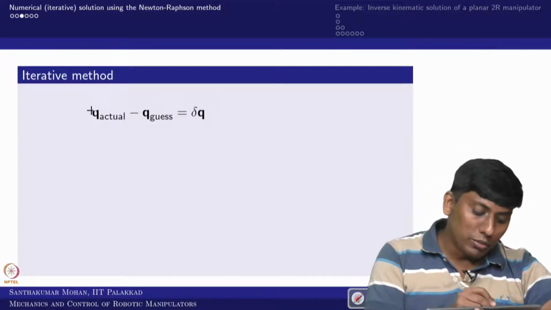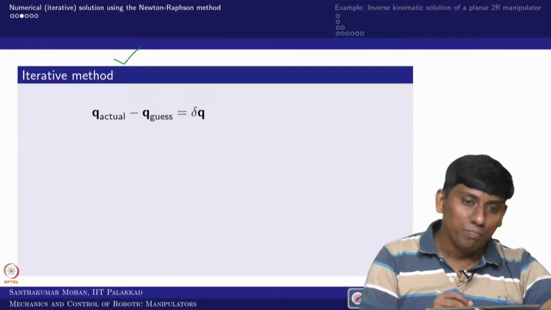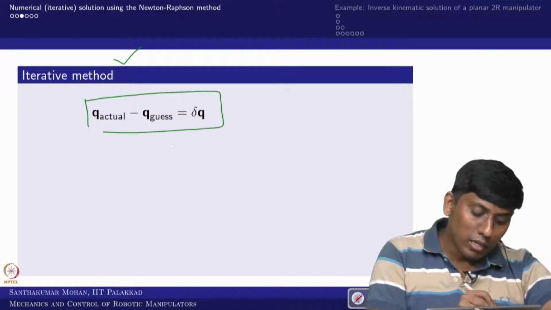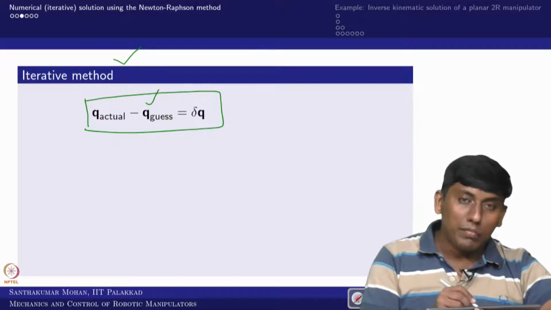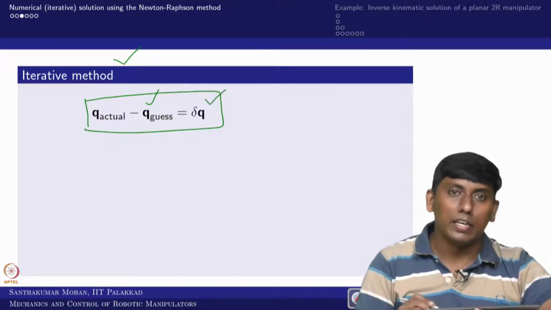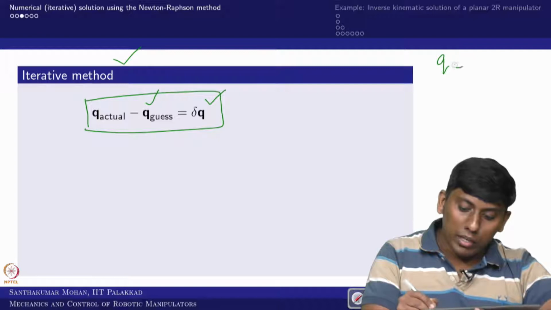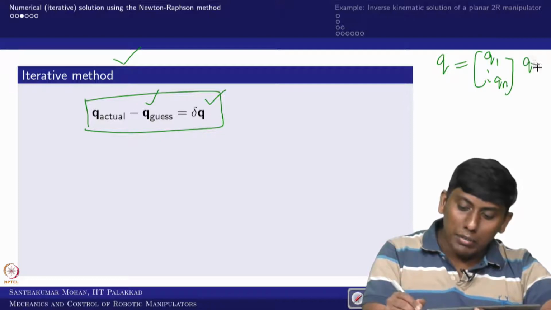What we are trying to say is that it is an iterative method, where the actual is somewhere, and we are taking a guess. The error between these two I am calling delta q, where q is your joint space variable, q1 to qn. This qi can be either theta i or di.